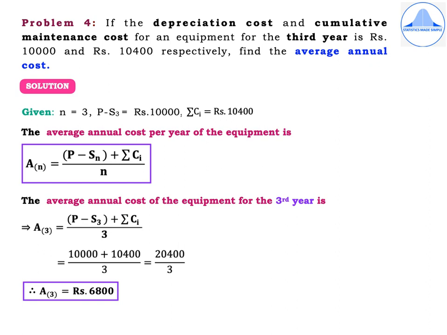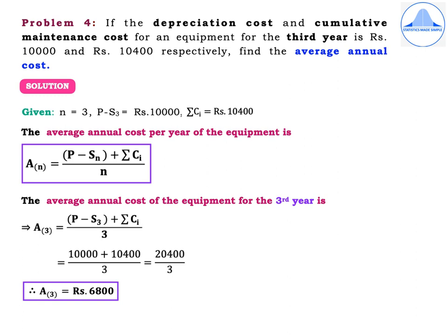Problem 4. If the depreciation cost and cumulative maintenance cost for an equipment for the third year is rupees 10,000 and rupees 10,400 respectively, find the average annual cost. So solution. Since they have mentioned the third year, it means that n is equal to 3.